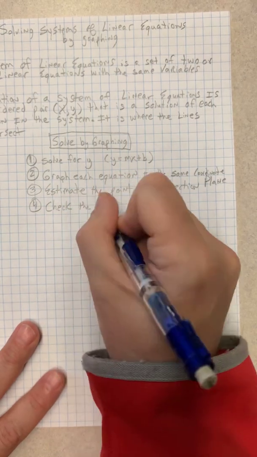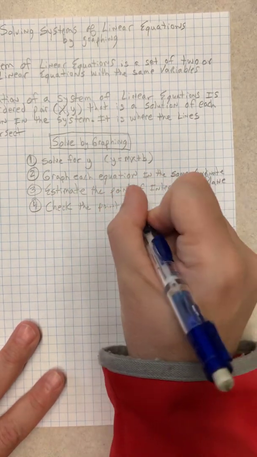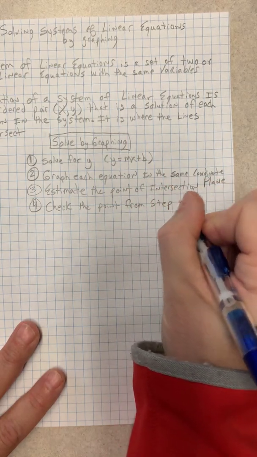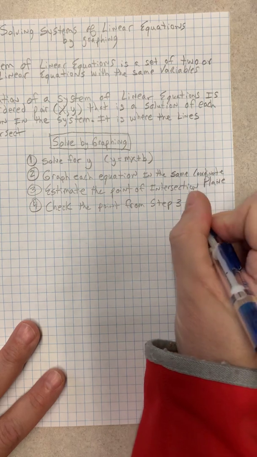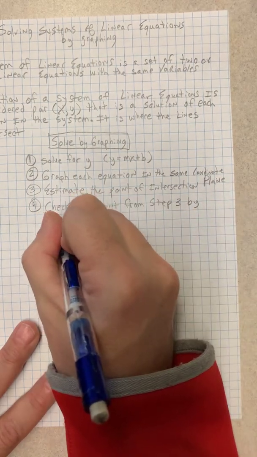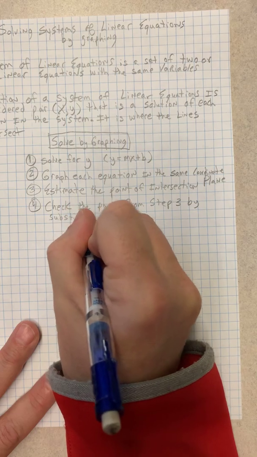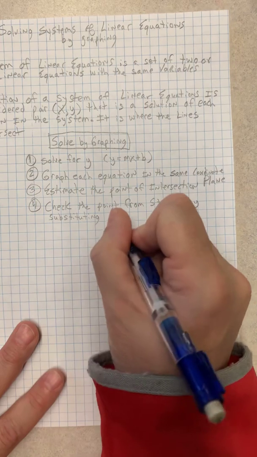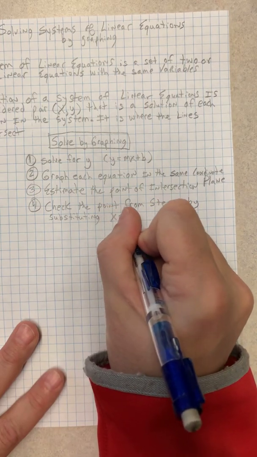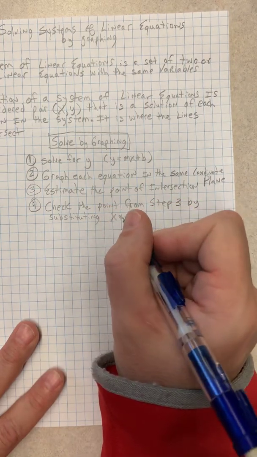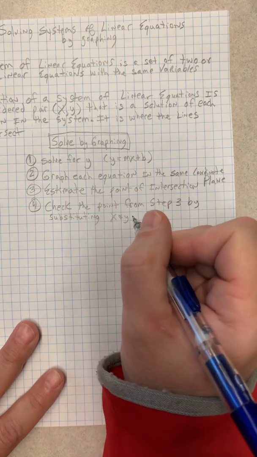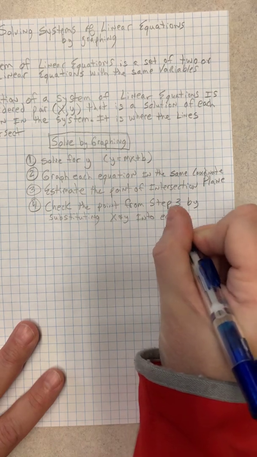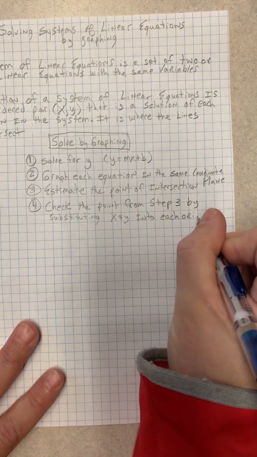So I will say: check the point from step 3 by substituting your x and y, your ordered pair, into each original equation.